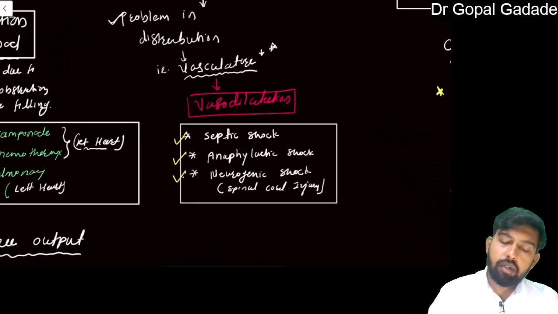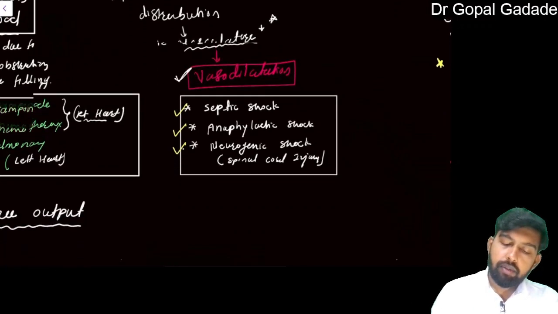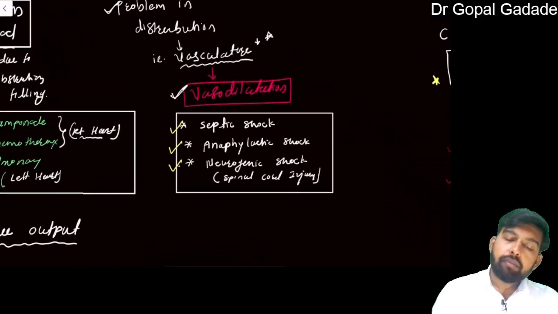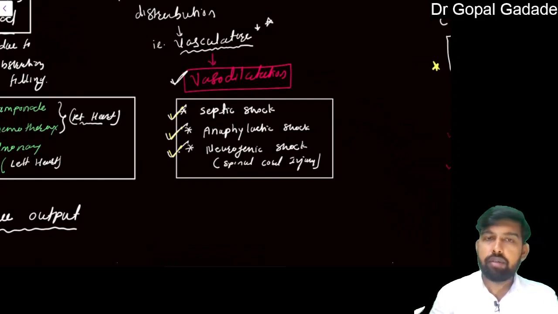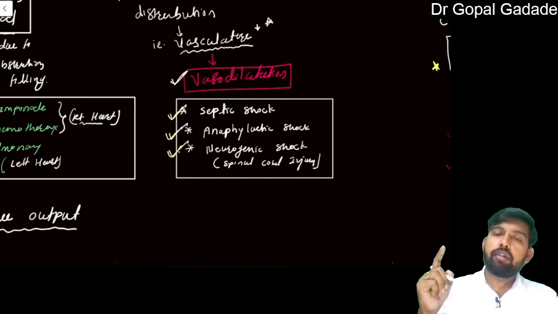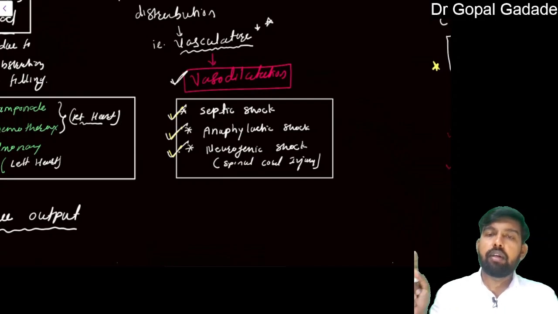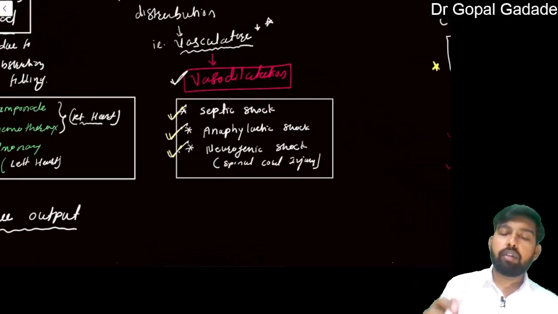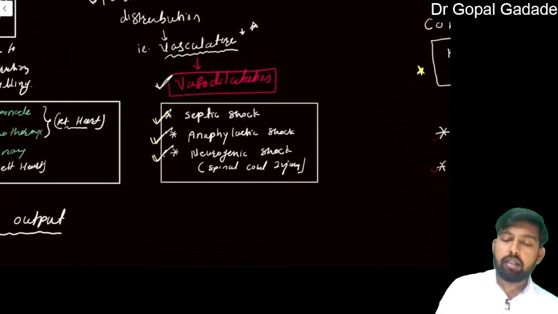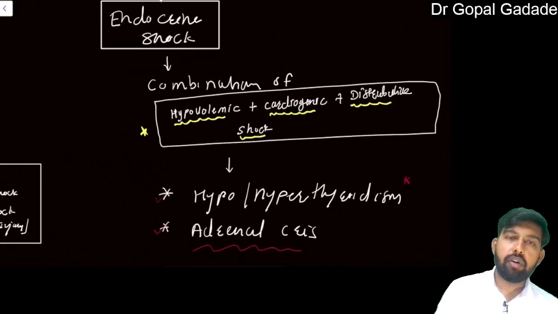The causes for the distributive shocks are septic shock, anaphylactic shock, or neurogenic shock, in which there is increased vasodilatation. The blood remains in the vascular system and does not go towards the cell or tissue for their metabolism.